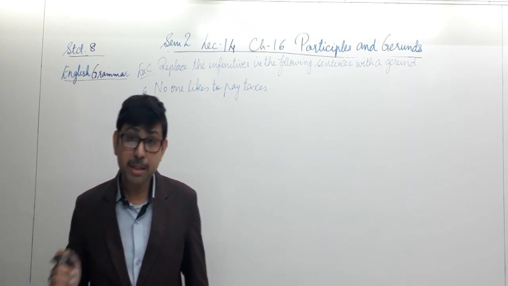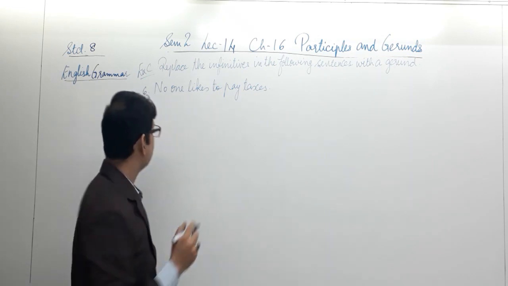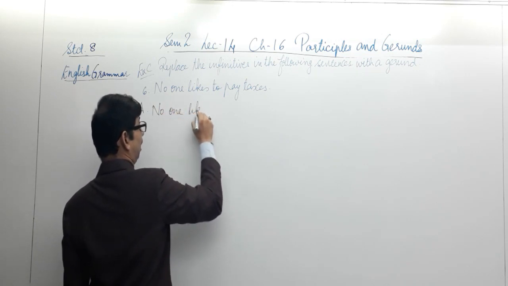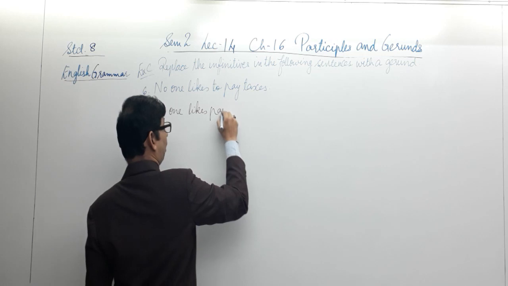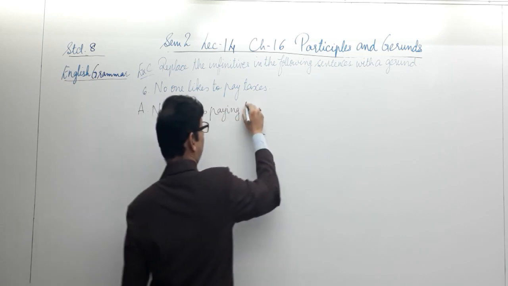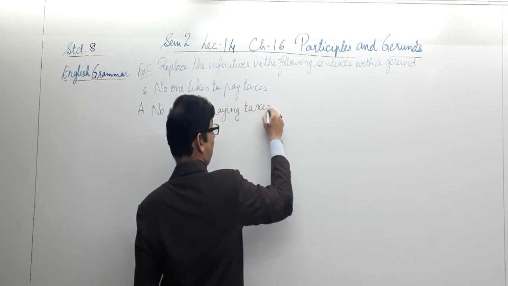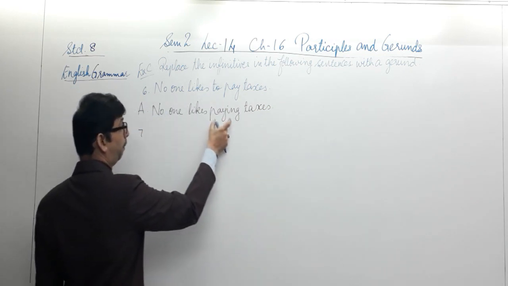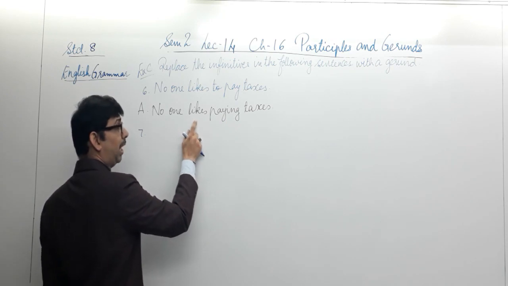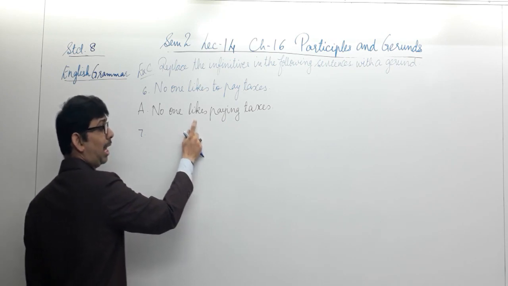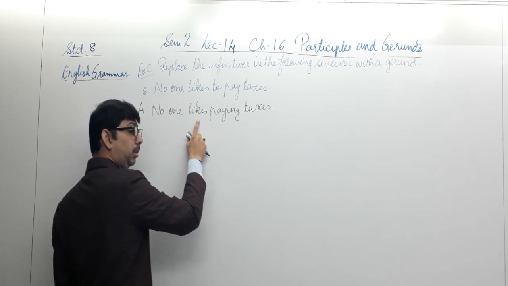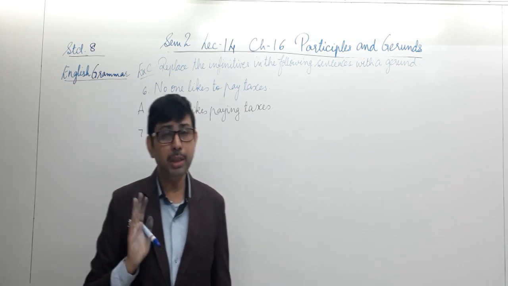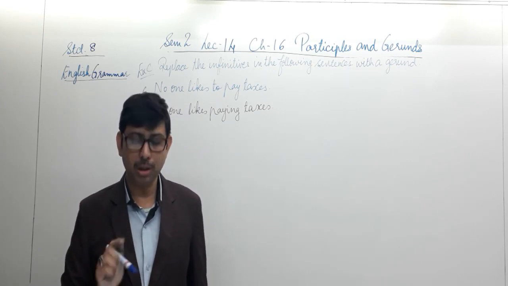No one likes paying taxes. So once again you see over here we have the word paying used as an object of the verb likes. It is not used as a subject over here, it is the object of the verb as a functionality of the sentence.